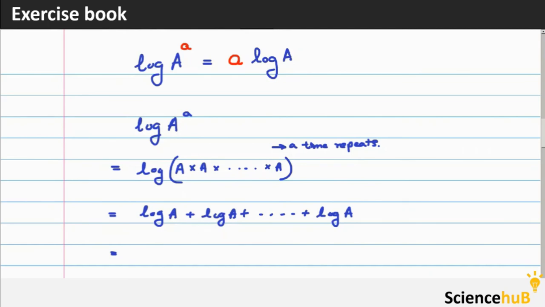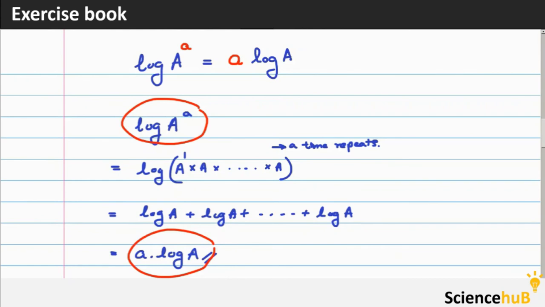So there are small a terms of log A. This summation can be written as small a times log capital A. So this is the proof for that. This will be equal to this. That is the third property of logarithm.